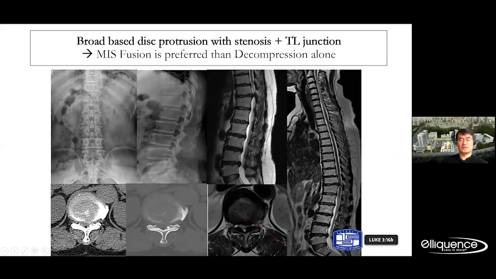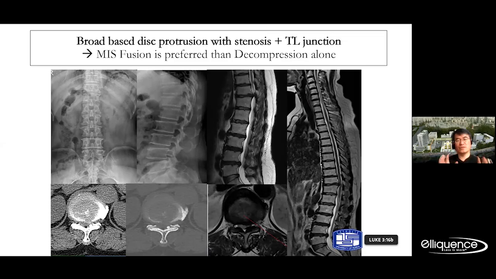So this is the third case I have circulated to you guys. This patient had a broad-based disc protrusion with stenosis at the thoracolumbar junction level, right? Personally, this is not an indication for decompression alone, because the compression is circumferential. Ventrally, there is a broad-based disc protrusion.